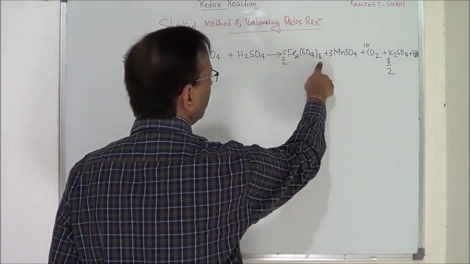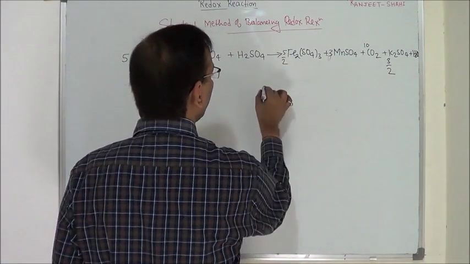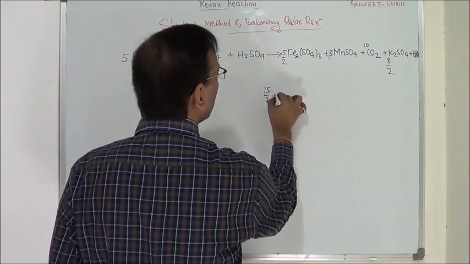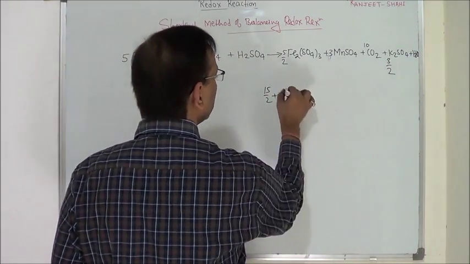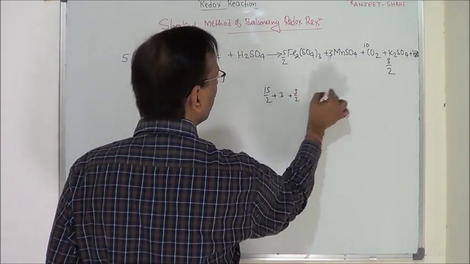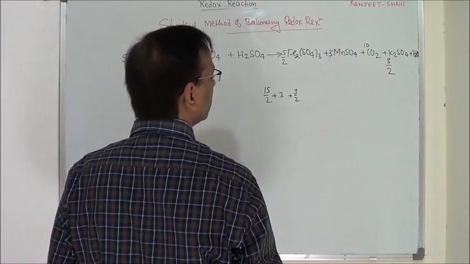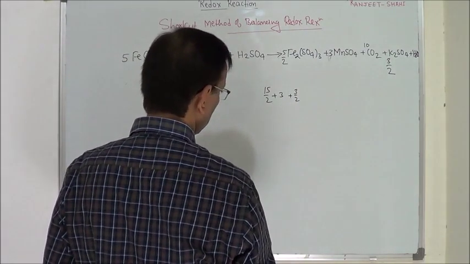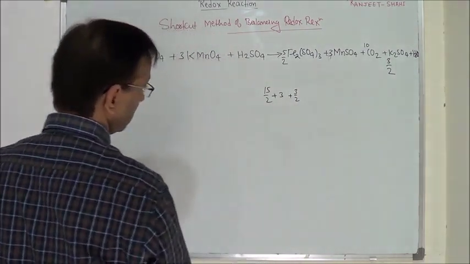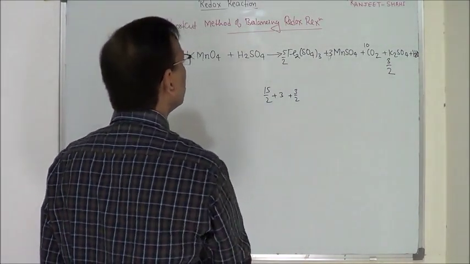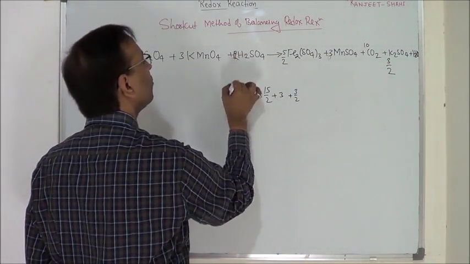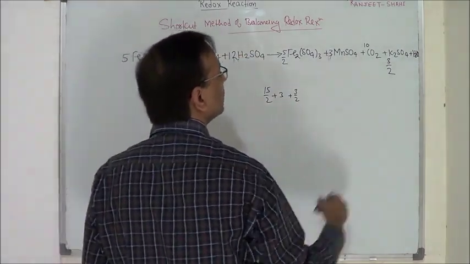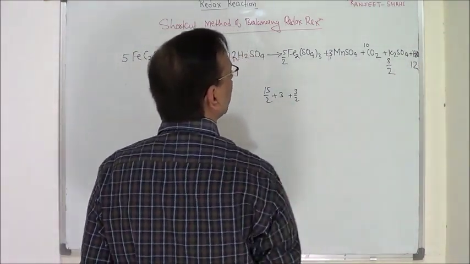So 5 by 3, 15 by 2 sulfate here, 15 by 2, 3 from manganese sulfate and 3 by 2 from K2SO4. So 15 by 2 plus 3 by 2, 9 and 3, 12. So there will be 12 H2SO4, and so 12 water also.